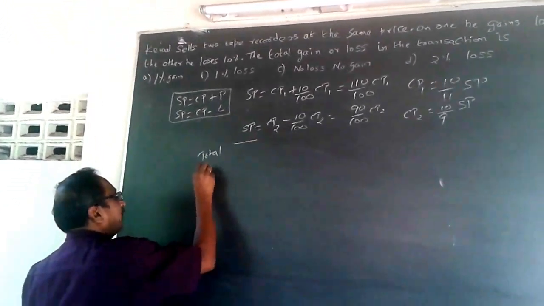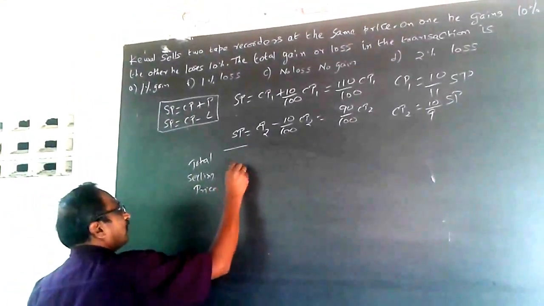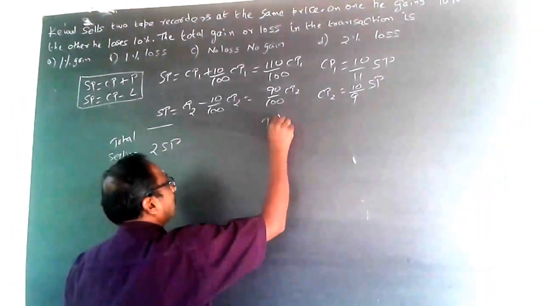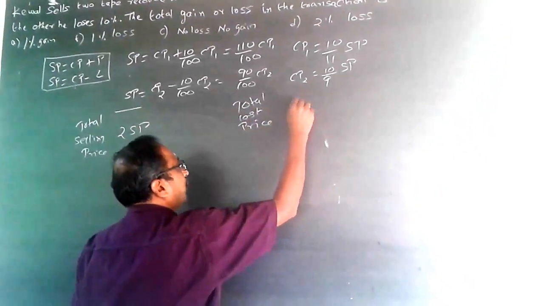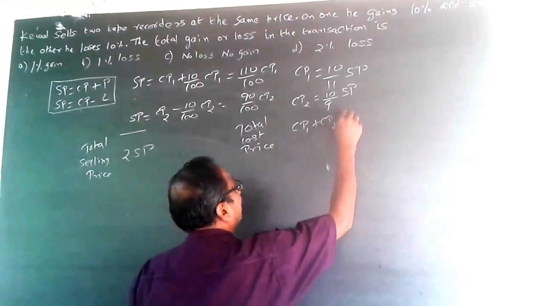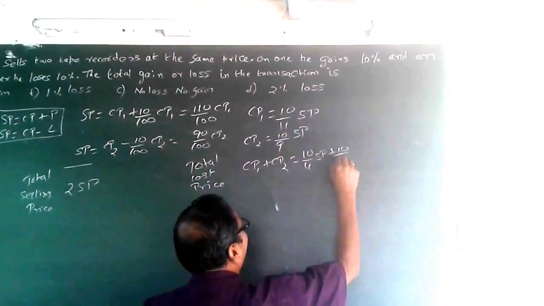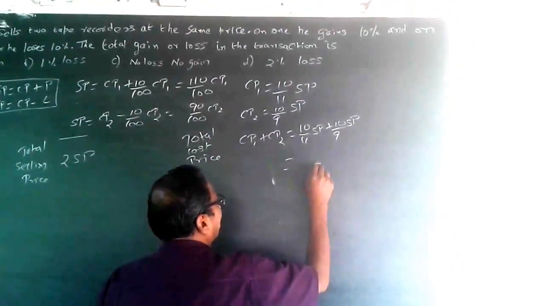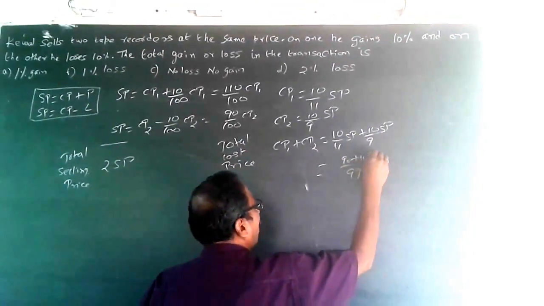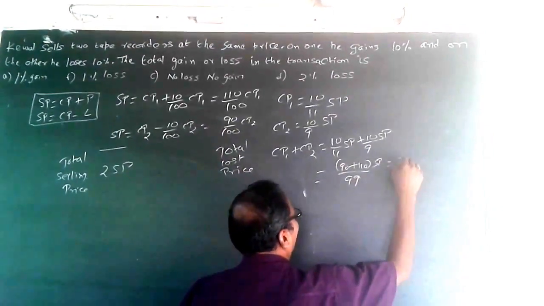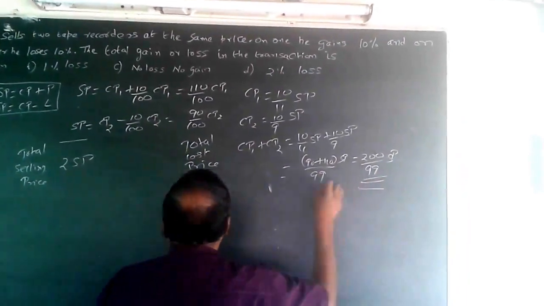Total cost price will be CP1 plus CP2, which will be equal to 10 by 11 of SP plus 10 by 9 of SP. So the LCM is 99. So it will be 90 plus 110 of SP, which will be equal to 200 by 99 of SP. See, this is the cost price, this is the selling price.